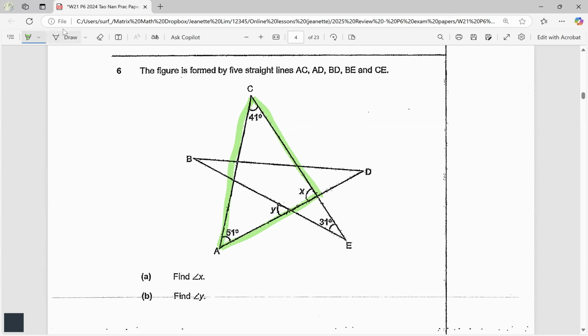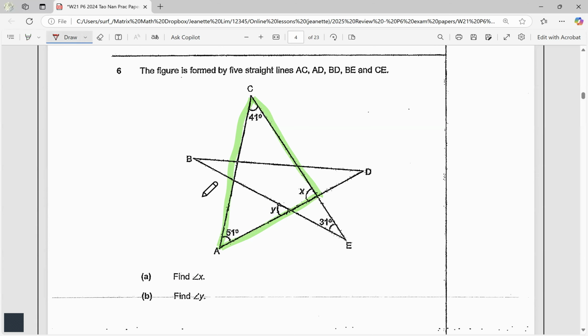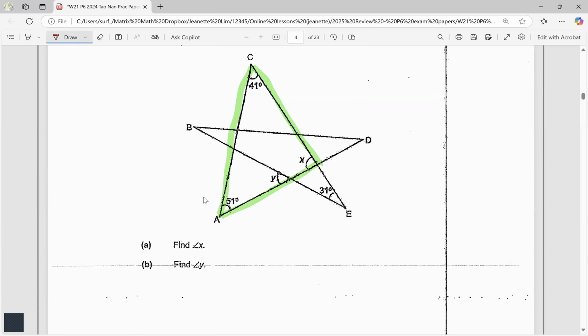So we can find X quite easily in one step. So sum of angles in a triangle is 180. So we take 180 minus 41 and 51, which is 88. So angle X is 88.